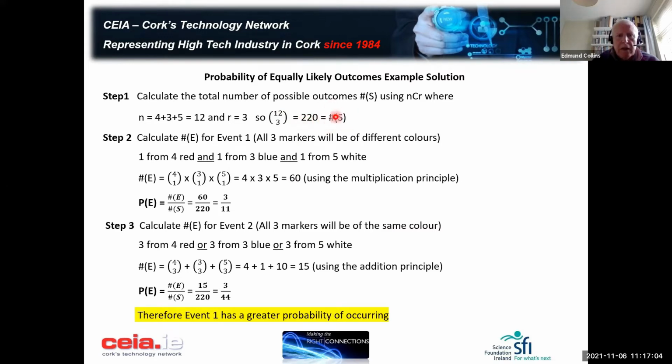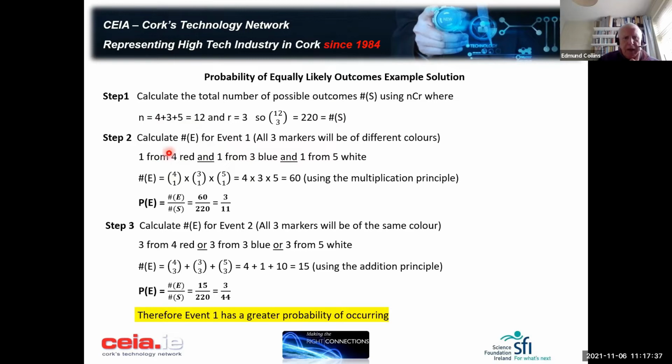So that's the total number of possible outcomes. That's the sample space. So 220. You were all right here in terms of where we use the multiplication and the addition principles, both in this solution. So the first step here is to calculate the sample space, and we've done that using NCR.